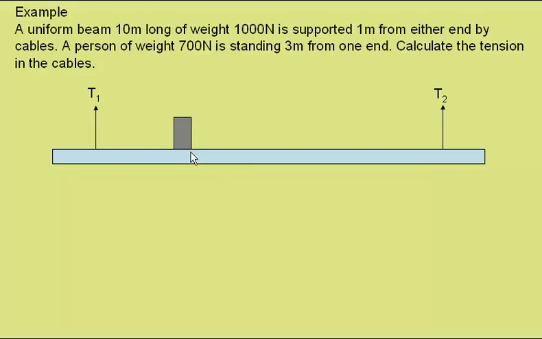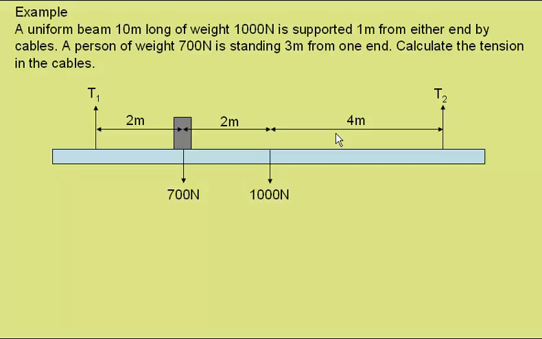The person here has weight 700 newtons, and the weight of the beam acts here at the centre of 1000 newtons. This distance here will be 2 metres, the person is 3 metres from the end, and this distance was 1 metre, and this distance here will be 2 metres. This distance here is 4 metres.